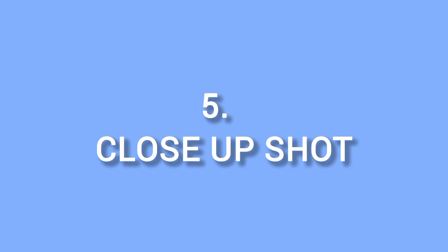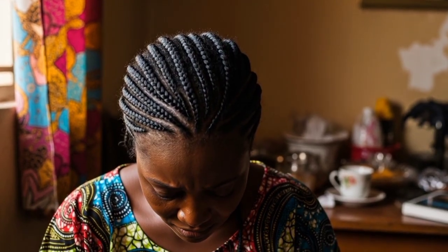Moving on to the close-up shots. A close-up focuses tightly on the character's face. It is designed to capture raw emotion and facial expressions. This is one of the most powerful storytelling shots because it's used to highlight emotions, reactions, and psychological tensions.